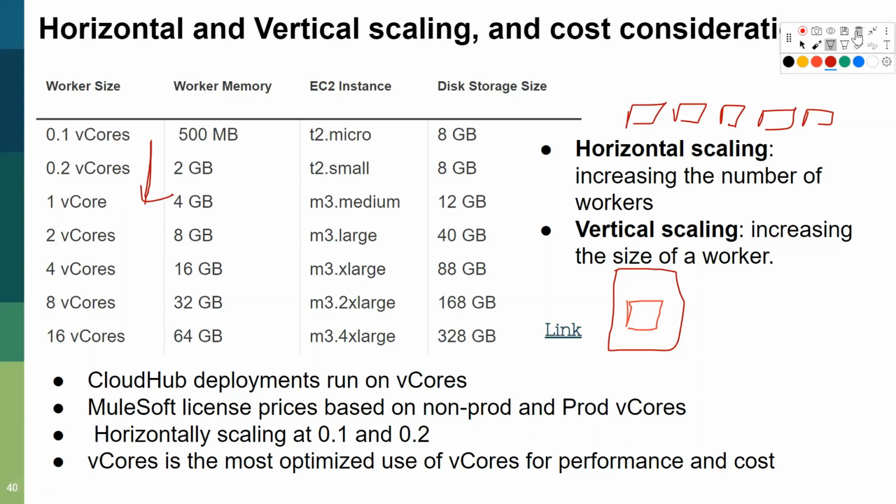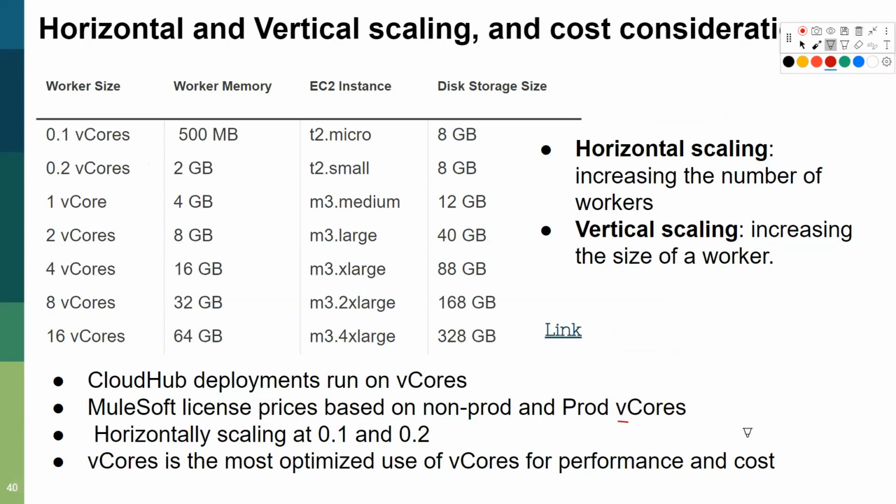And if we see in terms of cost, you get charged in vCores. Let's compare this one with this one. If you go from 0.2 vCores to 1 vCore, then you have increased the vCores 5 times, right? 0.2 times 5 is 1. Whereas the memory has only doubled, right?